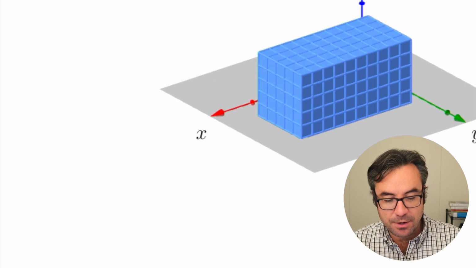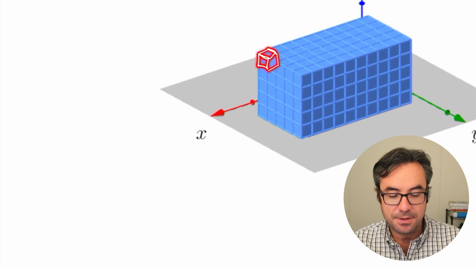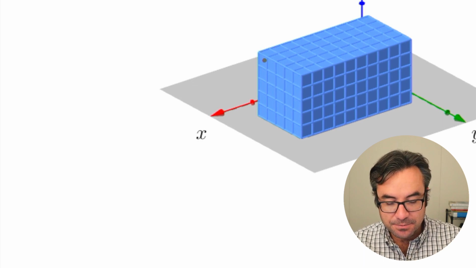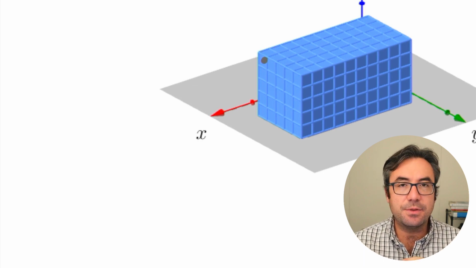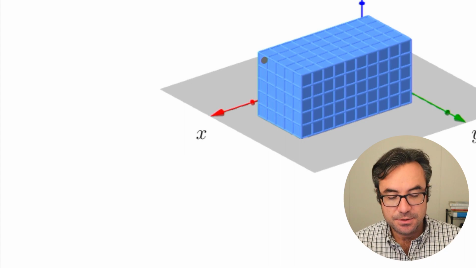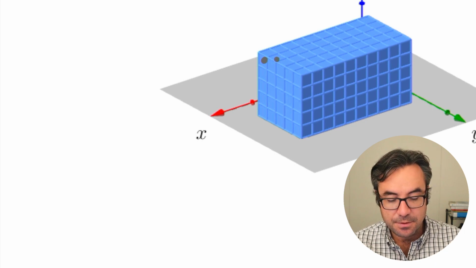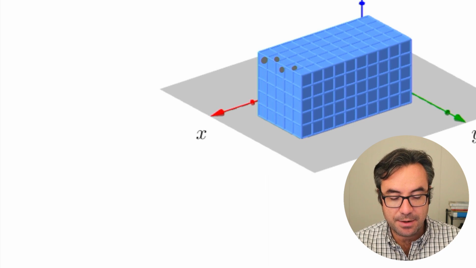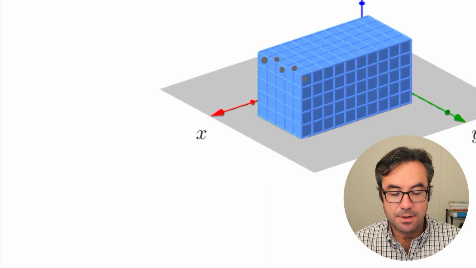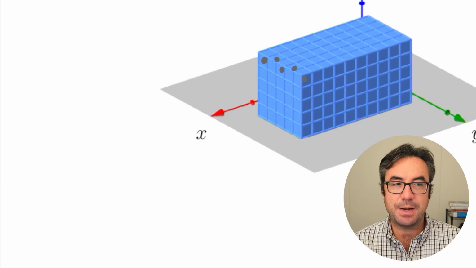So, somewhere inside this box, pick a point. And maybe somewhere in there. And then we do that for each of the boxes. We can be clever about it. We can be just kind of random about it. Doesn't matter. But we just pick a sample point from each box.